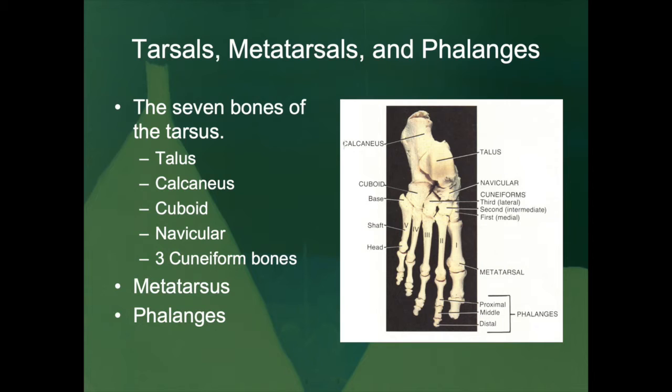During walking, the talus initially bears the entire weight of the body, very similar to what we saw when we looked at the tibia itself. About half of the weight is then transmitted to the calcaneus, and the remainder is then transmitted to the other tarsal bones.